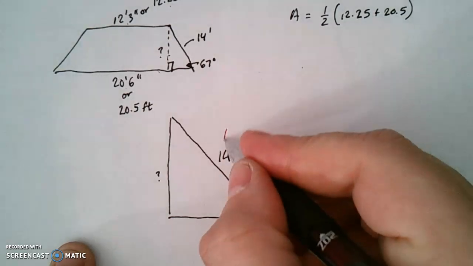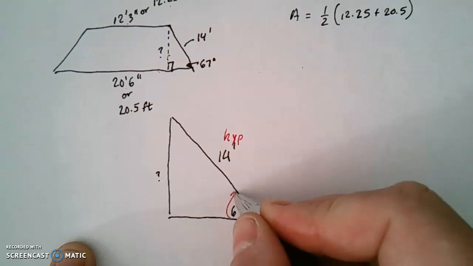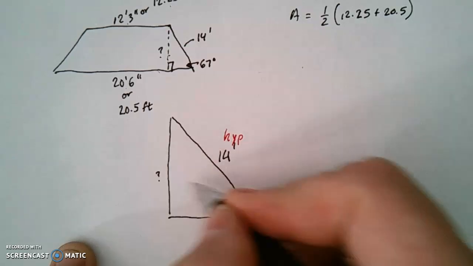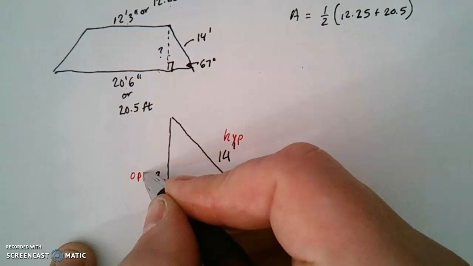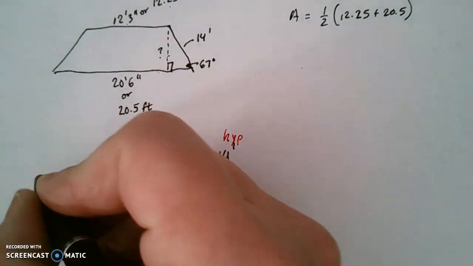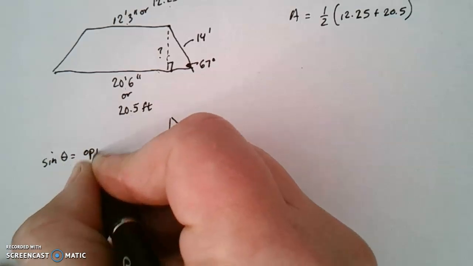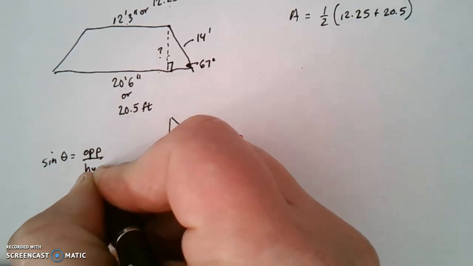This is my hypotenuse. This is my angle. And I would like to find this side here, which is going to be opposite of my angle. So I need a function that has hypotenuse and opposite. That is going to be sine of theta equal to opposite over hypotenuse.